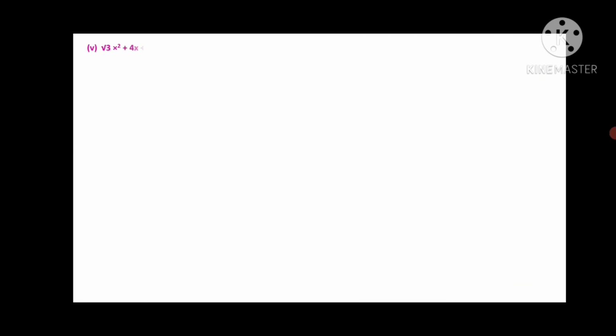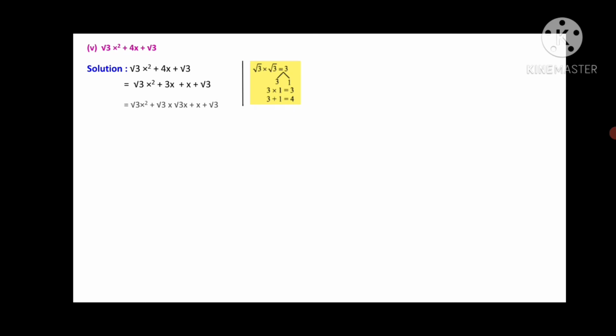Let us continue with root 3x square plus 4x plus root 3. Friends, here the given polynomial is root 3x square plus 4x plus root 3. We will multiply root 3 and root 3, that is 3. The product is 3 and the sum is 4. So 3 and 1 are the factors. So we can write root 3x square plus 3x plus x plus root 3. Among the first two terms we will rearrange the term.